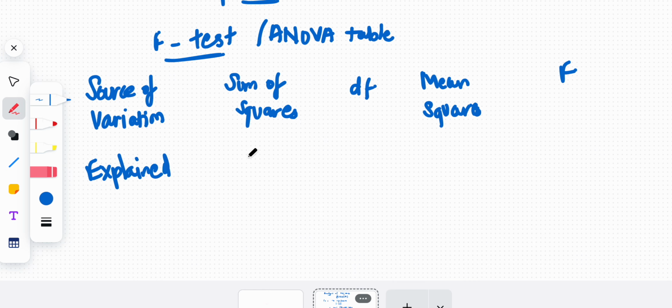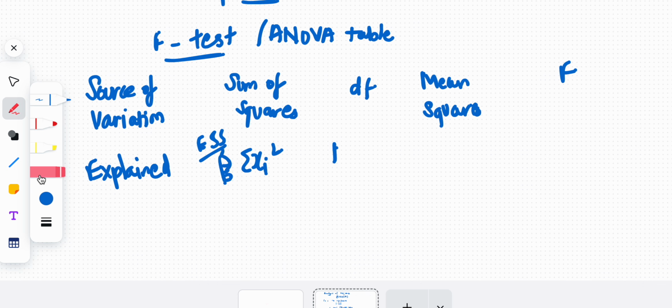Sum of square here will be summation xi square. Degrees of freedom is 1. This is my ESS. This will be also beta.